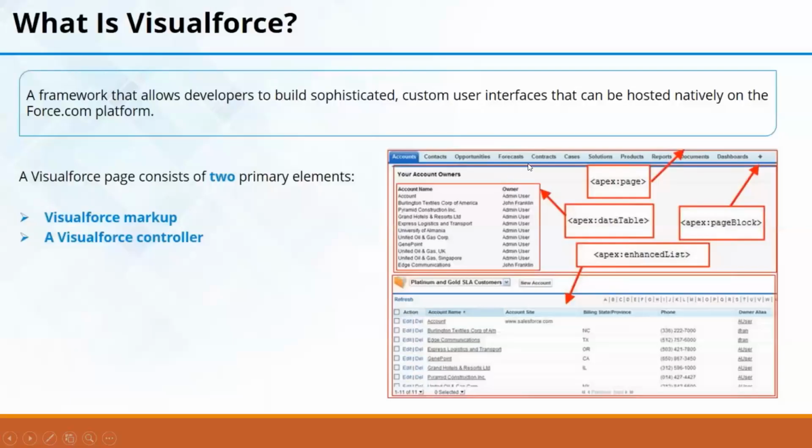So any page you are creating, this is the kind of page you are creating on Visual Force page, and it is the first tag will be apex page. Okay. Inside that there will be multiple types of tags, like it can be apex data table, apex page block, enhanced list. This can be anything. So we will study one by one.